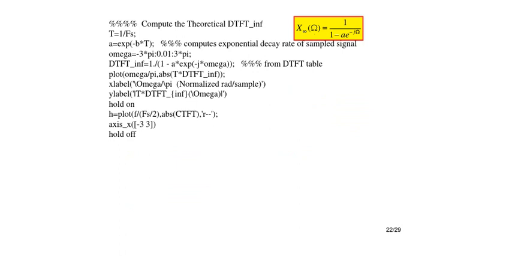We are interested in plotting the DTFT onto the CTFT so that we can realize what is happening in going from the CTFT to the DTFT, right? You see that when we are plotting, we are multiplying by T. Why? Because you already know the CTFT to DTFT conversion from the sampling theorem. So you know how X of small omega can be related with the analog frequency X of capital omega, right? These are notational differences, although this is the DTFT, right?